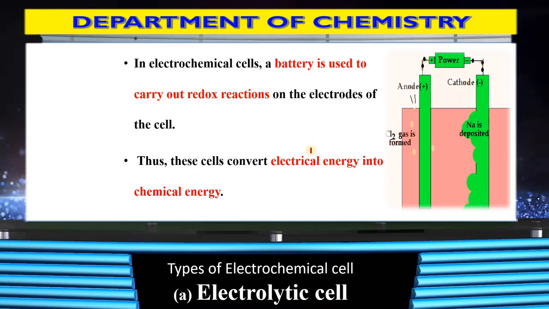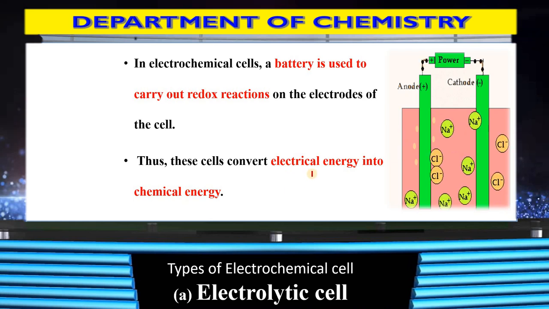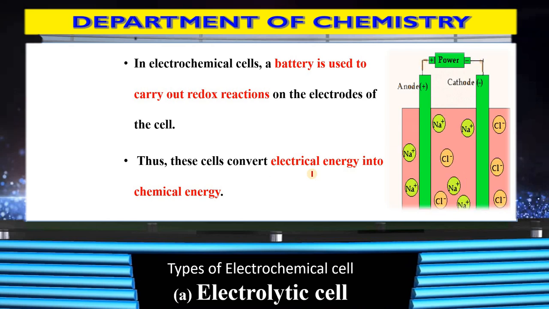We use the electrical energy of that battery to carry out the chemical reactions. Therefore in this cell, there is a need for an external battery, and therefore we say there is a conversion of electrical energy into chemical energy.